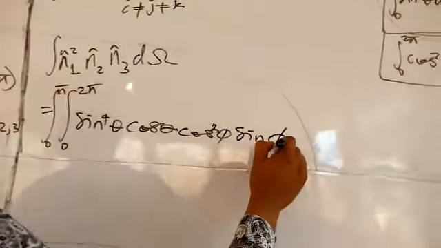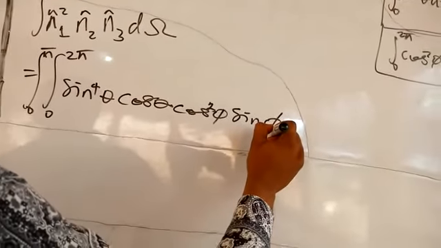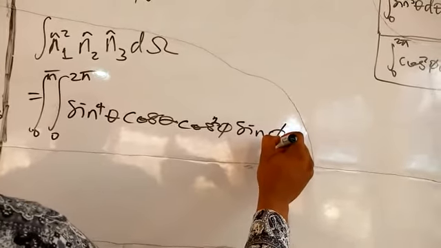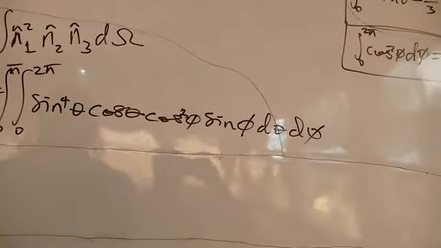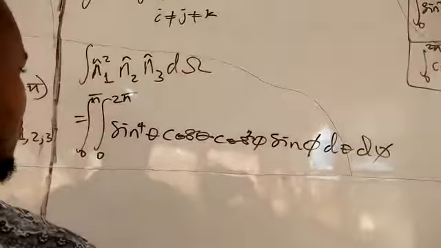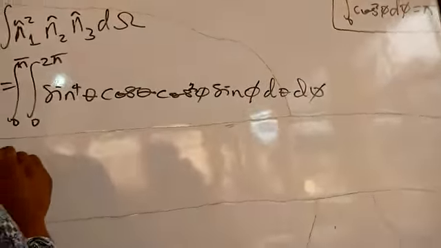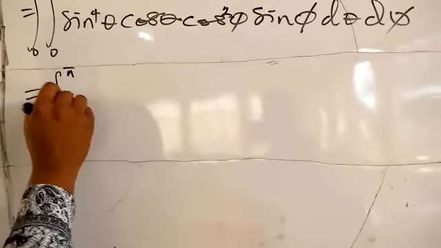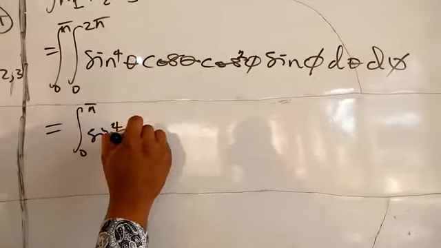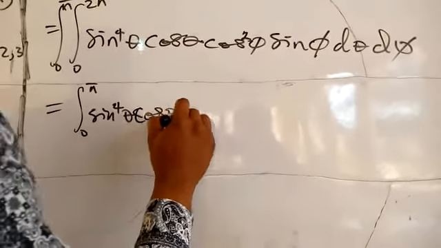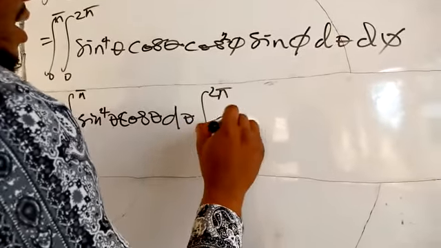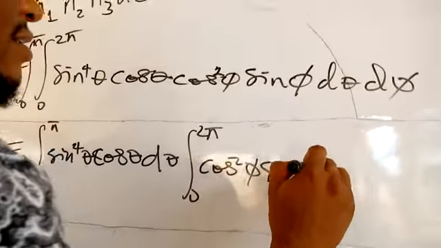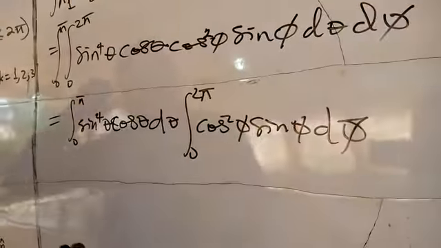And then, of course, following that is the fact that I'm going to have d theta, d phi. We haven't missed anything yet, I believe. Okay, so at this point in time, what I have then is going to be the integral from 0 to pi of sine 4 theta, cos theta, d theta, times the integral from 0 to 2 pi of cos squared phi, sine phi, d phi.